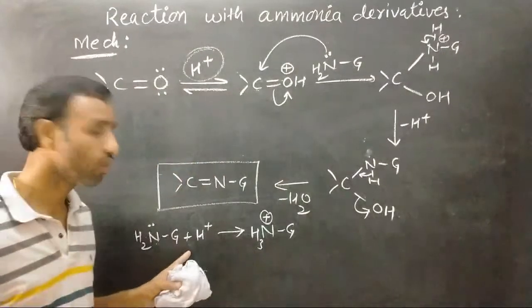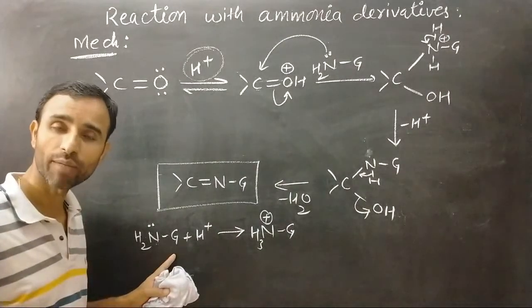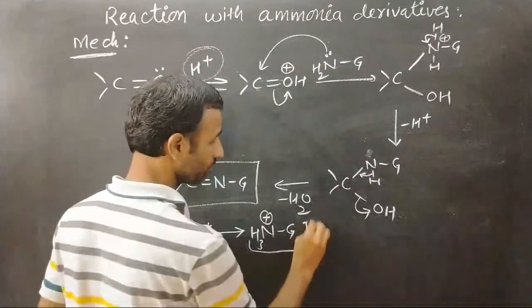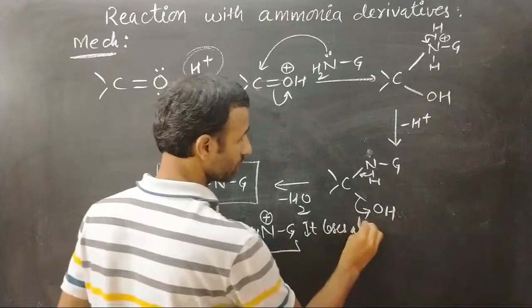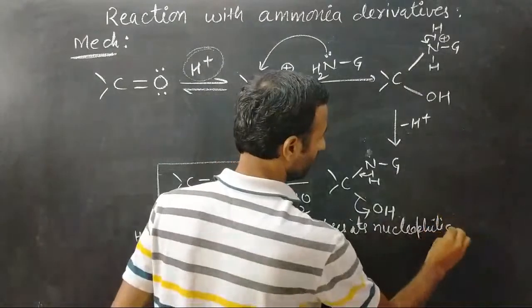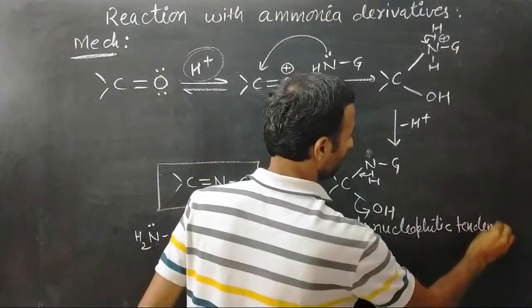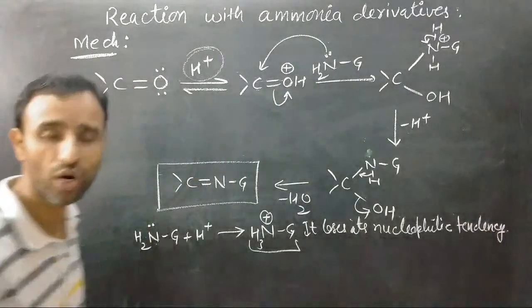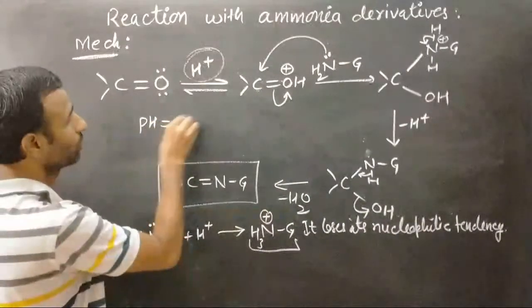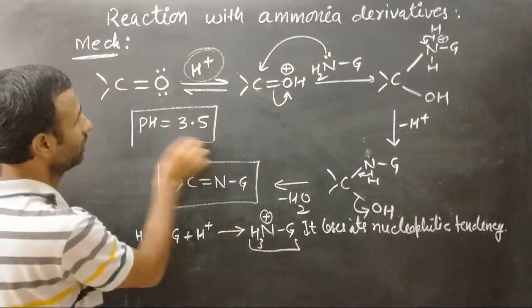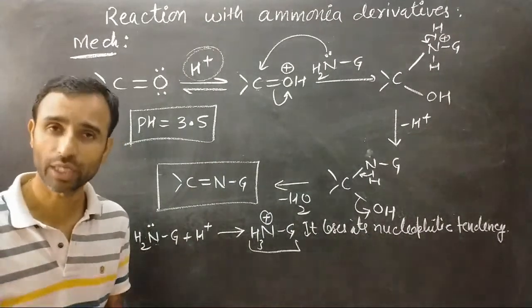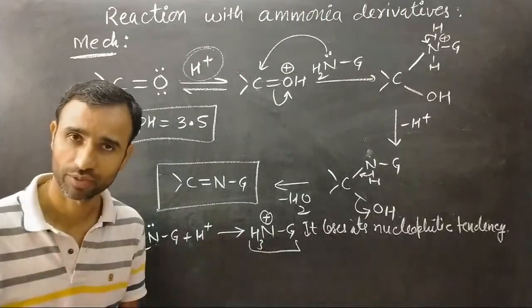So now the ammonia derivative is not able to act as a nucleophile, means it loses its nucleophilic tendency. So the reaction will not take place. So pH should be of the order of 3.5, in between 3 and 4. If it is strongly acidic, then the reaction will not take place at all.